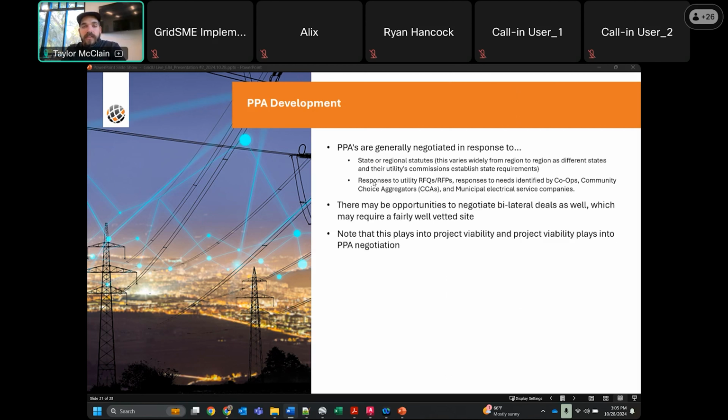And so it's definitely something to start considering and start looking into as early as possible in the life cycle of your project. If your interconnection consultant is not the expert in PPAs, maybe go out there and find somebody who is an expert in PPAs and get that discussion started and figure out how you might be able to get a PPA and where those are coming from.